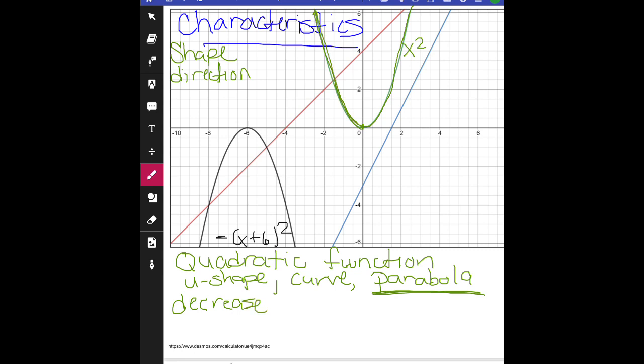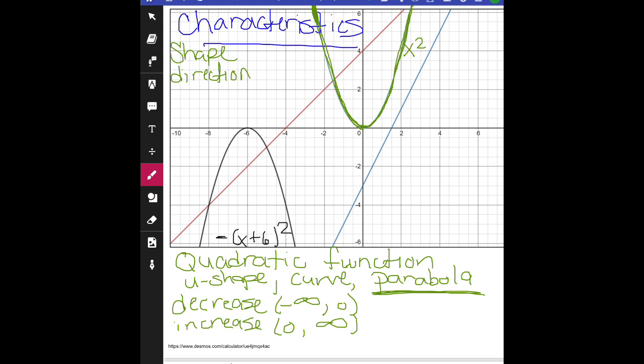So again, this doesn't stop, right? It just keeps going. So it goes all the way back down to negative infinity. And then it decreases all the way till it gets to 0. And now from 0 all the way to positive infinity, right? So now it's going to increase from 0 all the way to positive infinity. Okay, so it decreases and then it increases.